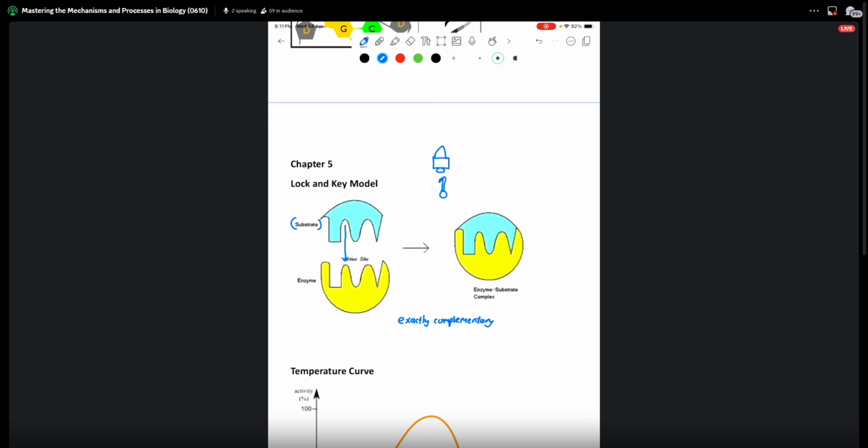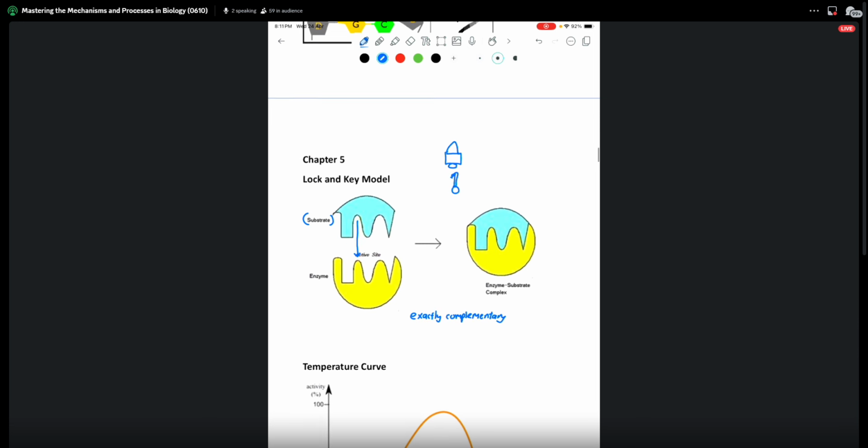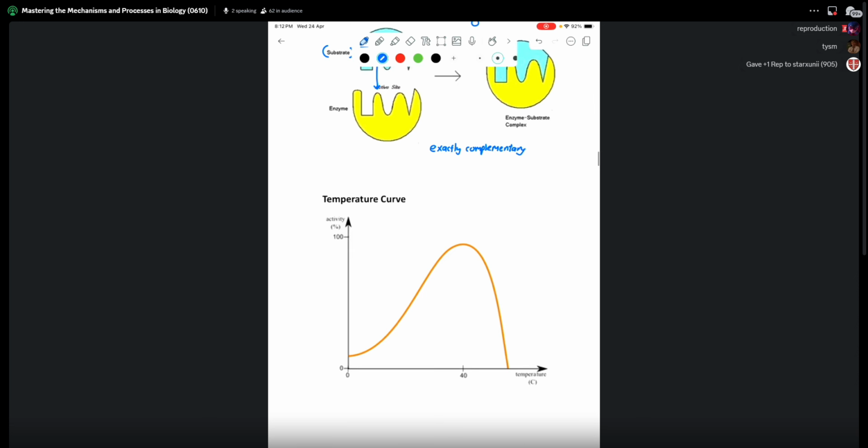So only this can undergo the unlocking process. This is the same concept. The substrate will act as the key, and when it binds with the active site complementary, it will form the enzyme substrate complex. Okay, so this is the basic concept for this lock and key model.